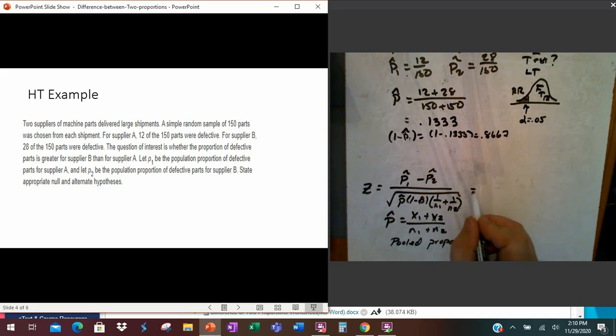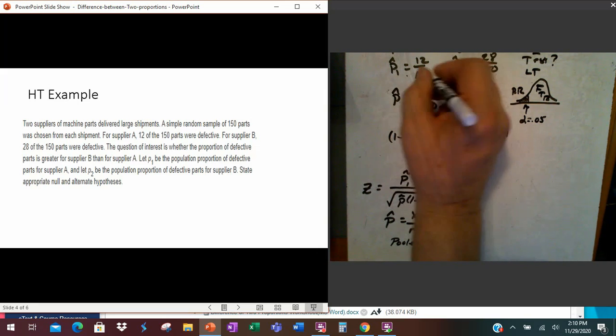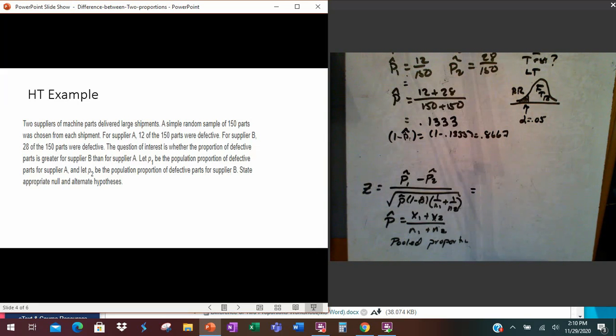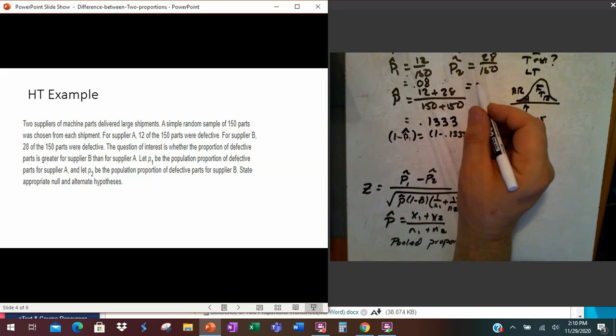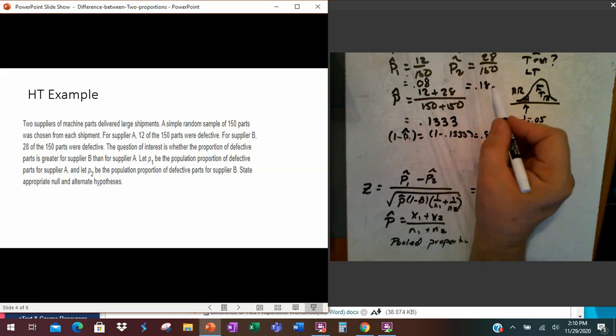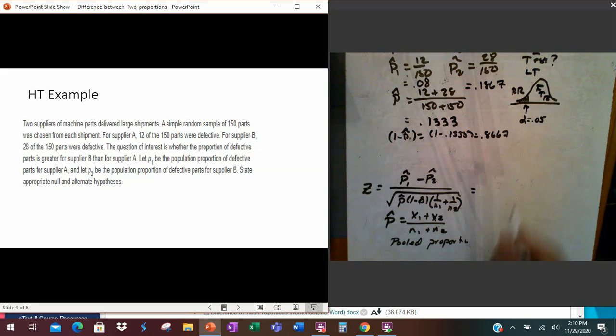And with that, we can calculate the test statistic. Let me go ahead and write these as decimal numbers here, the P1 hat is 0.08, and P2 hat is 0.1867, and then we've got everything.